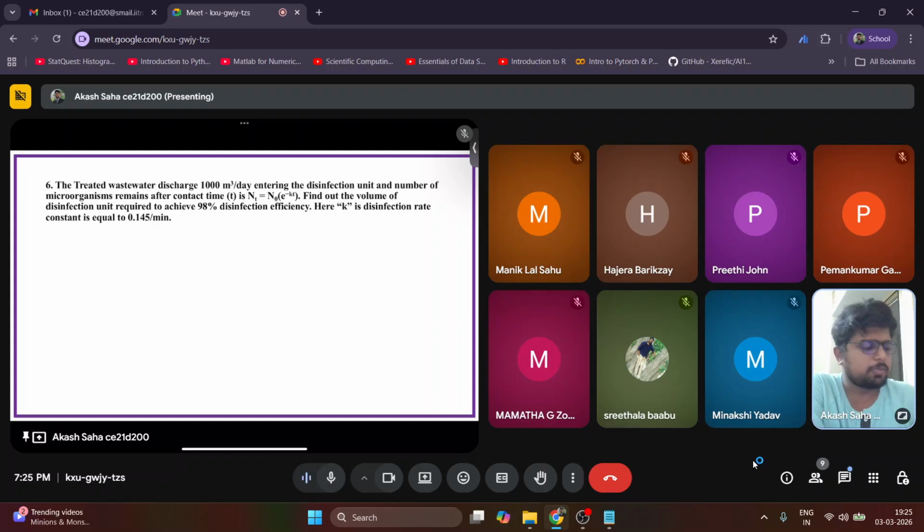Now a small numerical is there. It says that the treated wastewater discharge is 1,000 m³ per day entering the disinfection unit, and the number of organisms remaining after contact time is given by some equation. Find out the volume of the disinfection unit required to achieve 98% efficiency, where K is the disinfection rate constant, which is equal to 0.145 per minute.